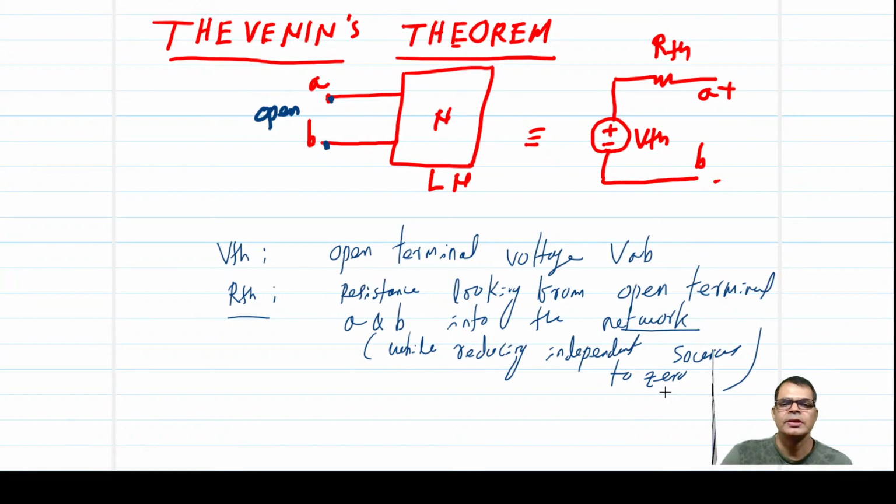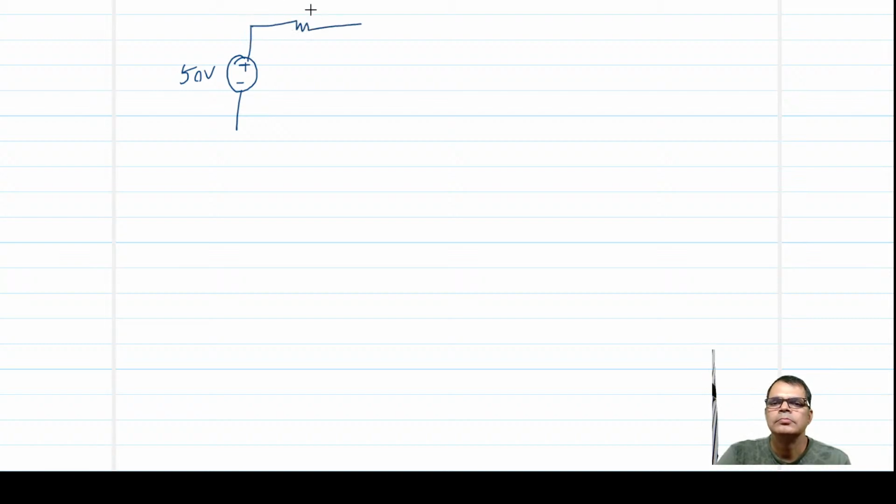Okay, let us go through the example. Find the Thevenin's equivalent circuit at A and B, and find the current through it. So it is a circuit given like this: five ohm, 20 ohm.